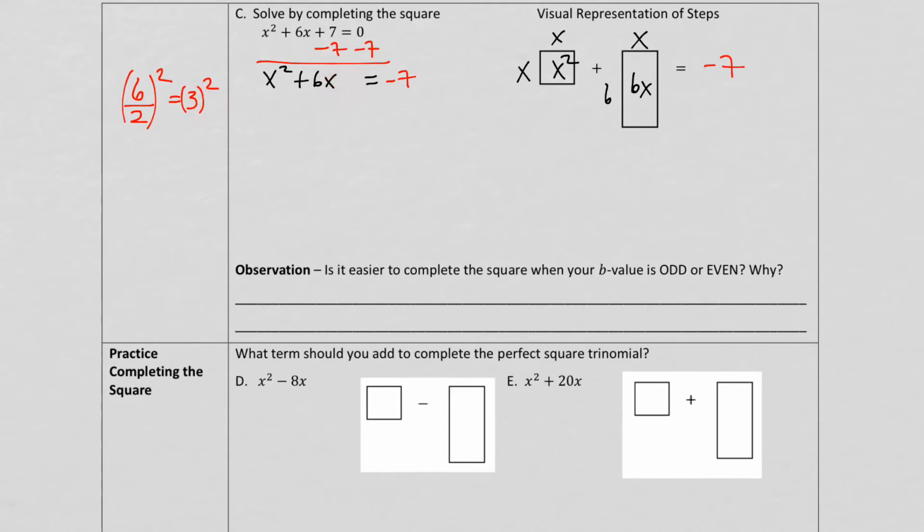So if I add 3 squared here on the left, and then to keep it balanced also here on the right, what I've now done is I've completed the square here on the left-hand side. This expression is a perfect square trinomial.